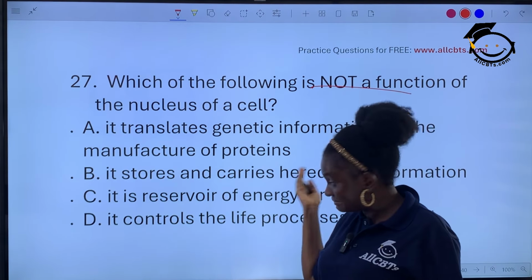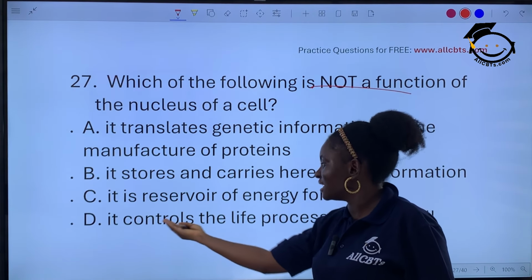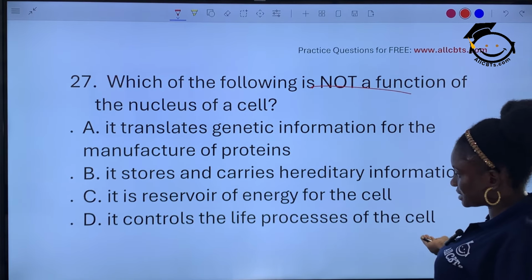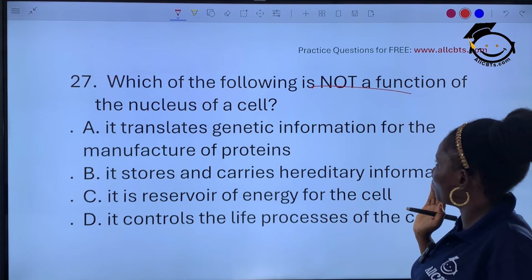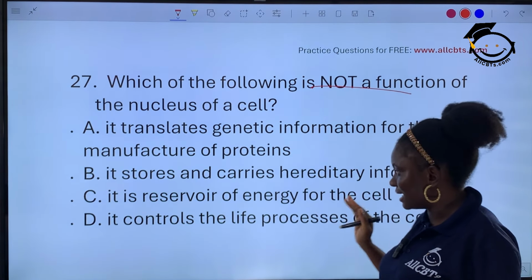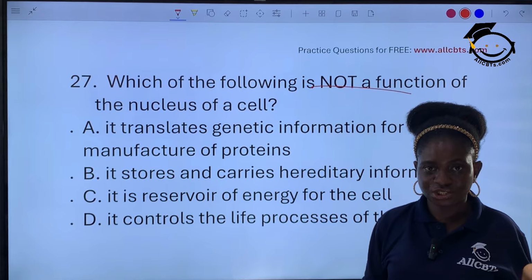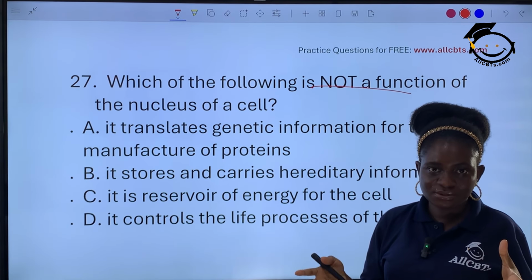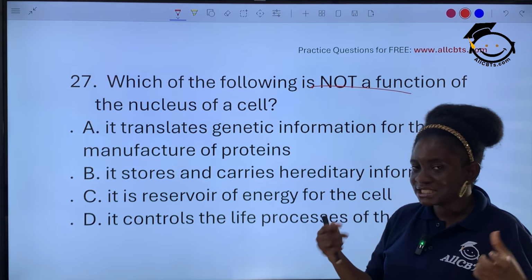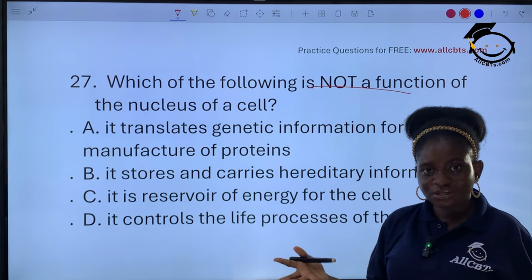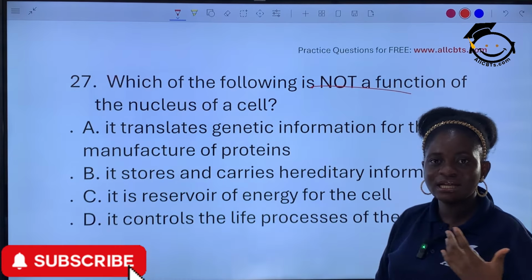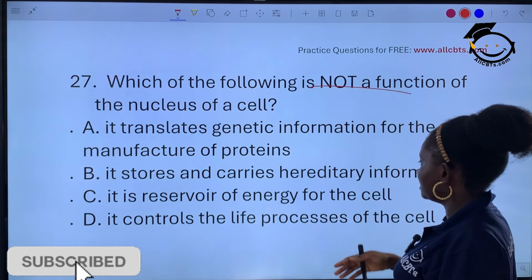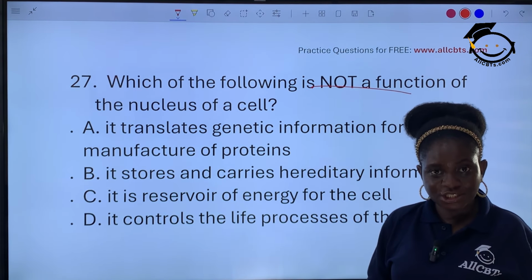Does it answer to it? Let's see. D, it controls the life processes of the cell. So the one that is not the correct answer here is reservoir of energy. Which is the powerhouse of the cell? Energy, power, that's mitochondria. Mitochondria is the site for energy generation.